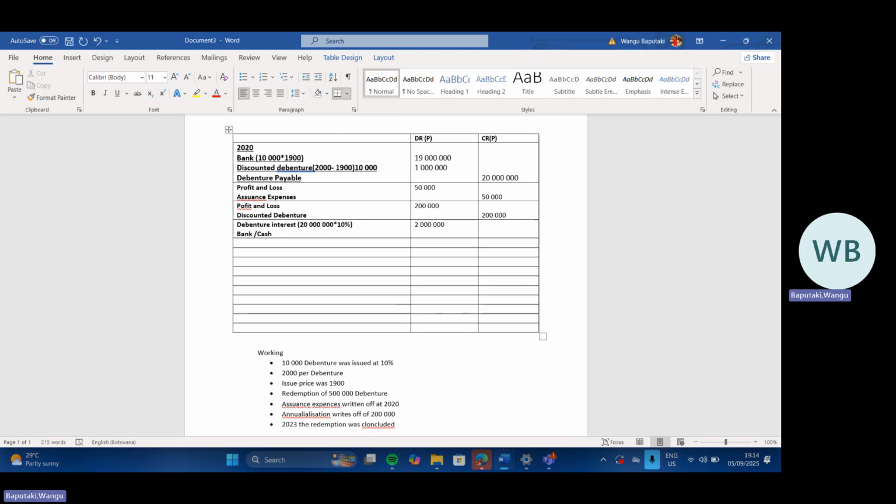So the profit and loss, I debit with 200,000 of the amortization which was written off. As I said, profit and loss goes with discounted debenture.